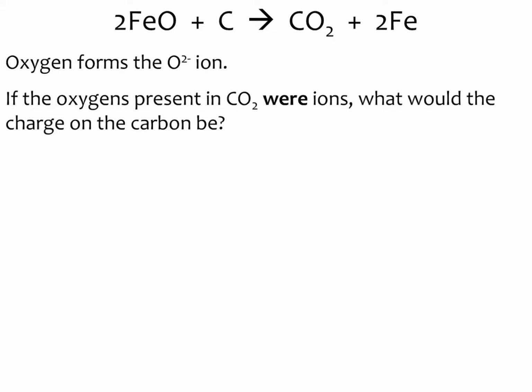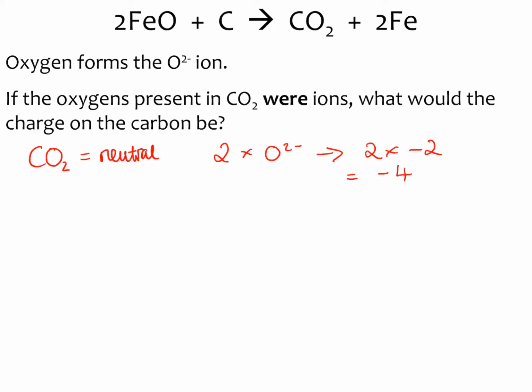First of all, we have to look at the charge on CO2. Now CO2 is actually neutral. It has no charge. And what that tells us is that the charges on the carbons and the oxygens must add together to be 0 overall. Now if we have 2 lots of O2-, that means that we have 2 lots of the -2 charge. And that tells us that oxygen contributes a -4 charge to this compound overall.